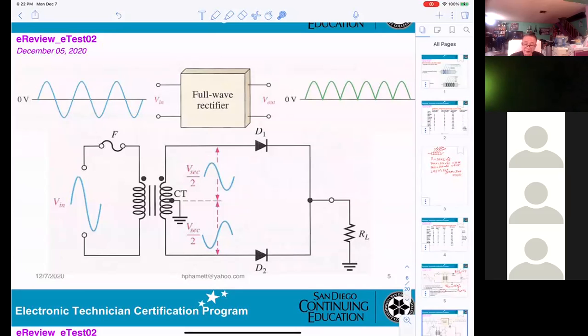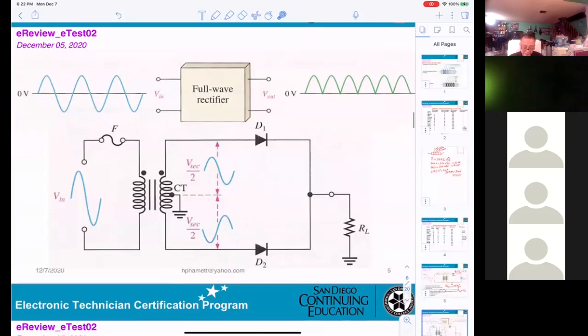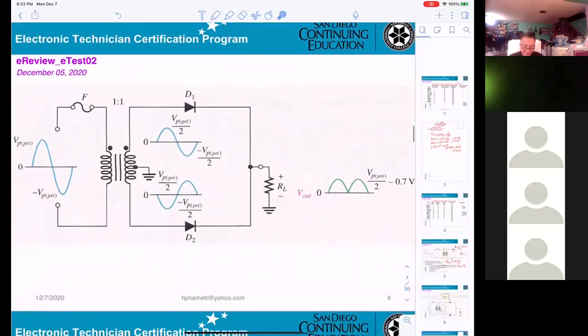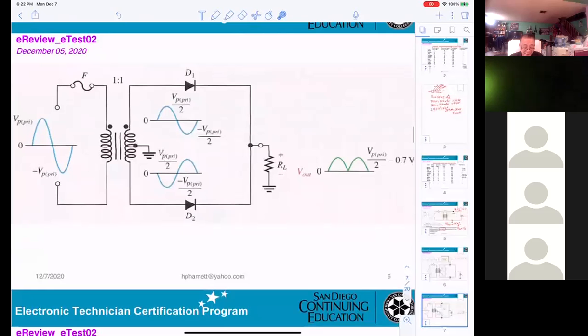What I'm saying is, when you're looking into the circuitry, you should be able to recognize what that circuit is. Okay, so now you can see the output will be equal to V peak of the primary divided by 2, minus 0.7.